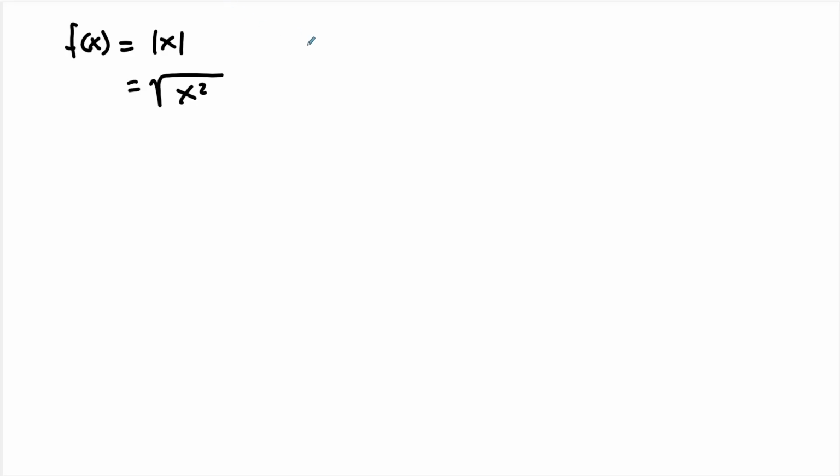Remember in Algebra 2 and pre-calculus, the square root of x squared only equals x if x is greater than 0, or negative x if x is less than 0. So these are the two conditions here.